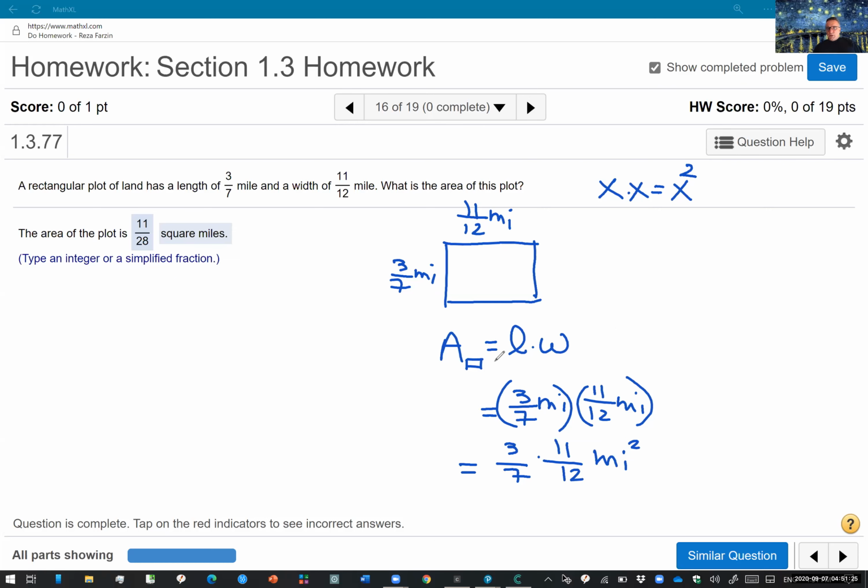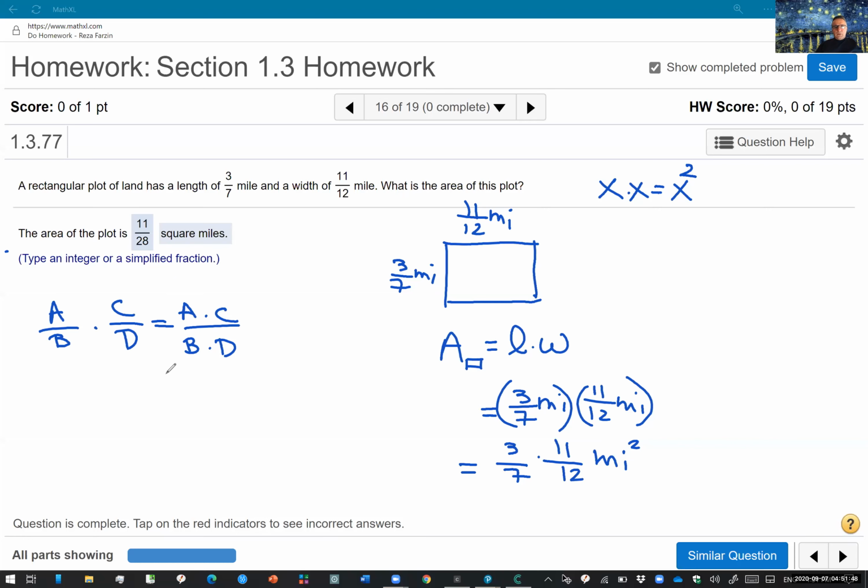So now here you're multiplying two fractions, right? The general rule is a over b times c over d equals a times c over b times d.